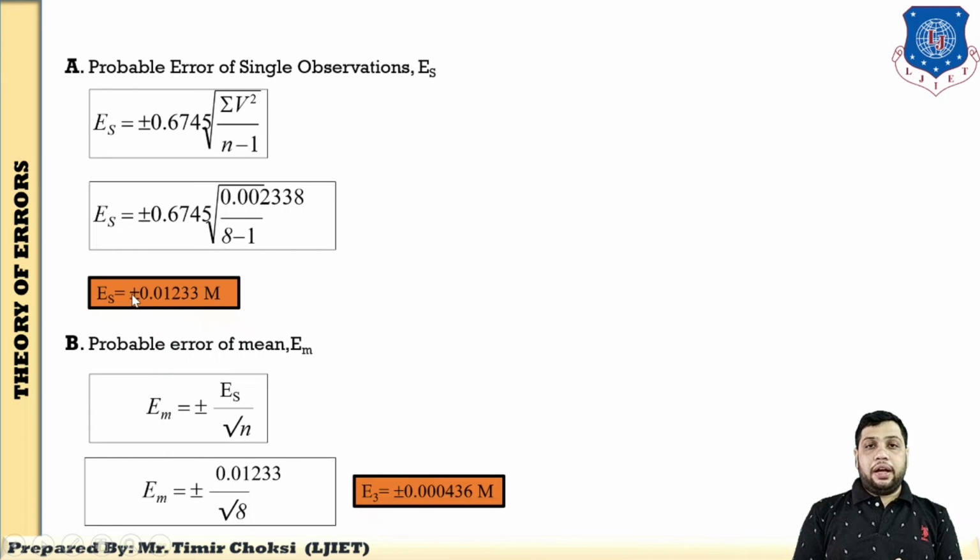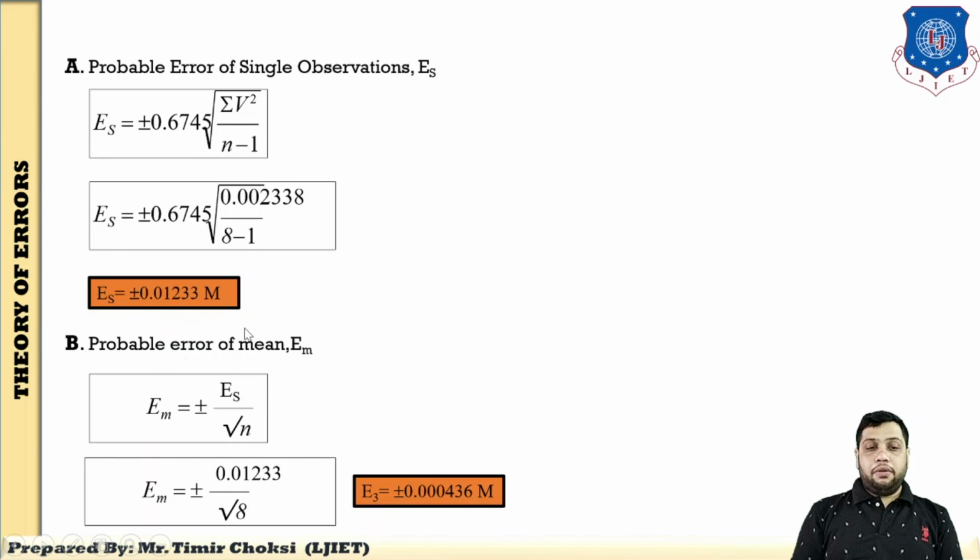Here it is clearly written as plus minus, you know that for probable error you indicate the sign plus minus, because the limit is plus 0.01233 and minus 0.01233 meter. And the second equation, probable error of the mean, is directly written as the formula ES divided by under root n.